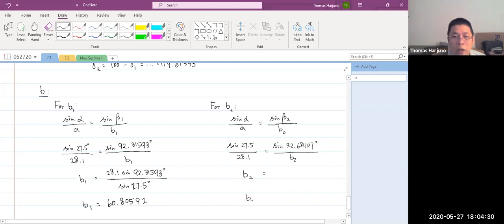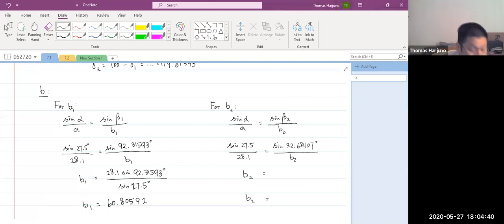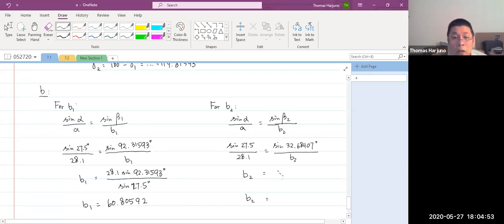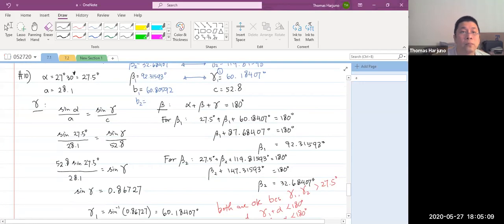So fast forward, I get B2 equals 32.86242, 32.8624.